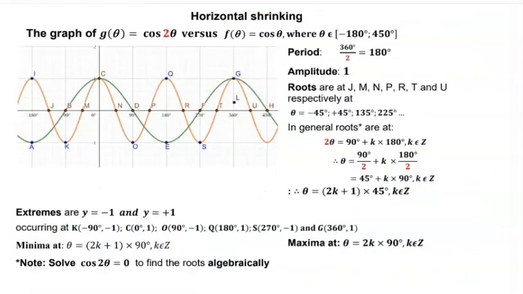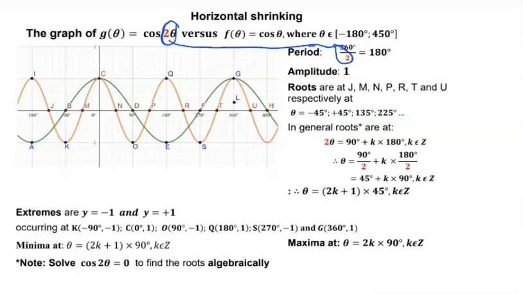On this page you will find the neat summary, and what you should notice again is that this 2 here coincides with this 2 here, but previously we used that for the amplitude. Now the period is influenced by the B value of the general formula for a cos graph.